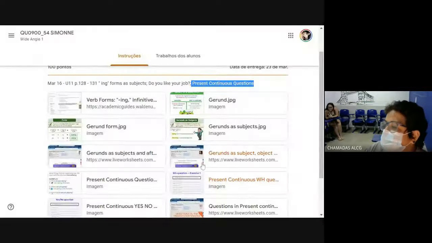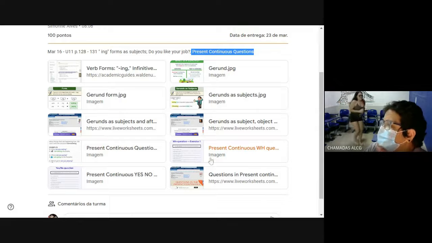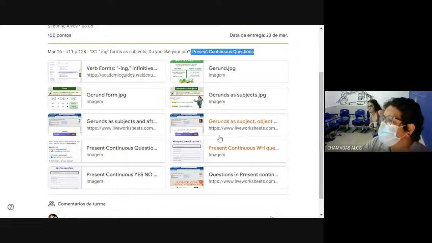But if you open on your cell phone, you will see that this is not digital. It's like a PDF, okay? Actually, here it's image. So you can just put the answers to practice on your notebook. So we have present continuous WH questions, present continuous yes, no questions, all right?